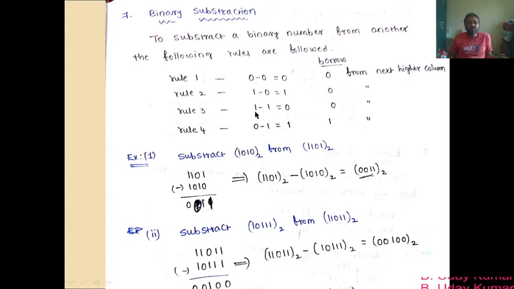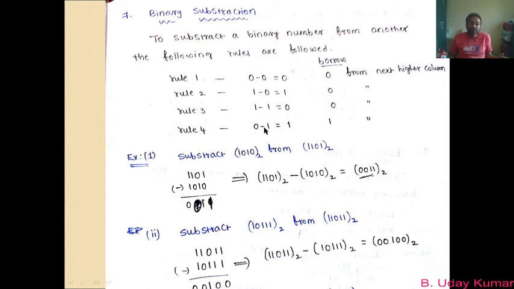And the rule 3 is that you can subtract 1 from 1, because of which you get 0. There is no problem with these three rules, but there is a little problem with the fourth rule. It's not a problem, it's common sense that we use. You can subtract 1 from 0.